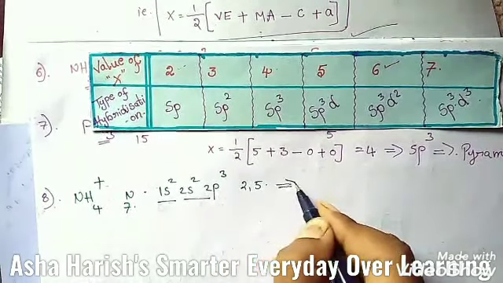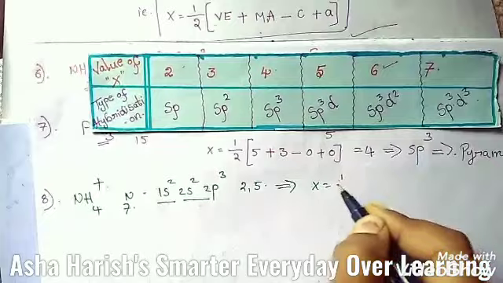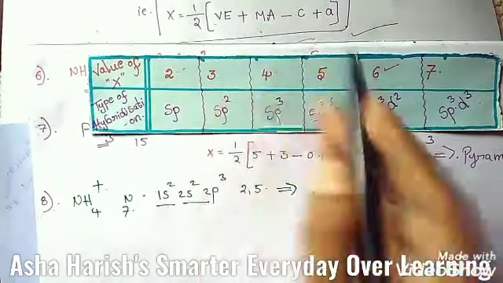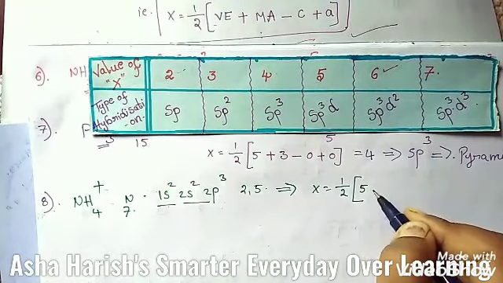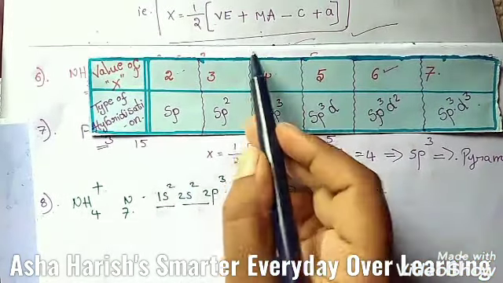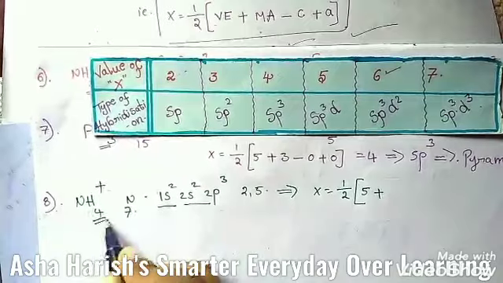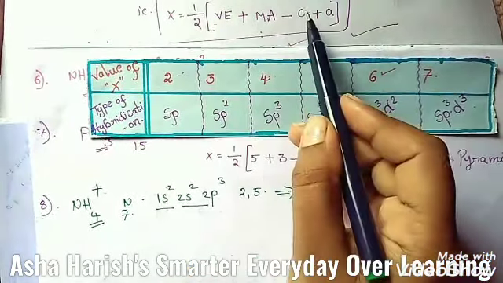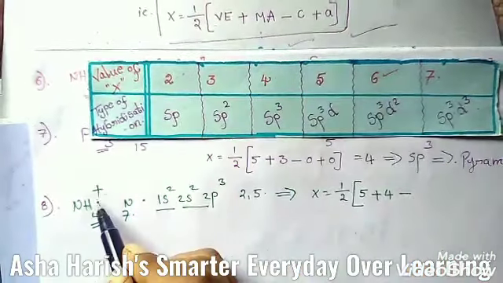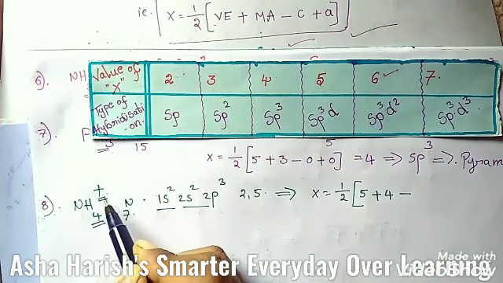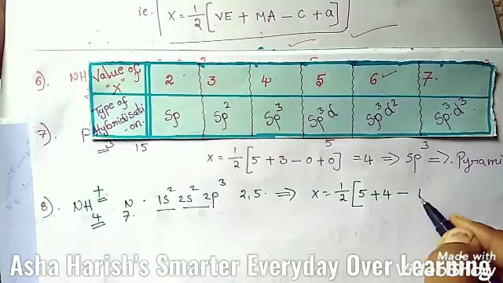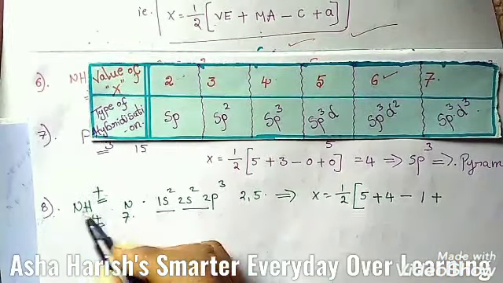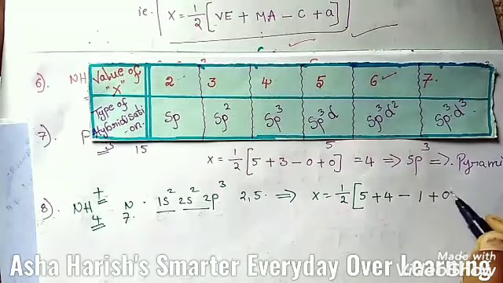For this you need to find the X value, half into valency electrons, which are 5, plus monovalent atoms, nothing but 4, minus charge on the cation, here plus 1. Okay students, you can take 1, plus anion, this is a cation, so in the place of anion you can take 0.